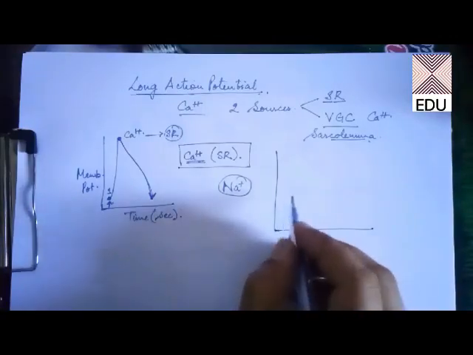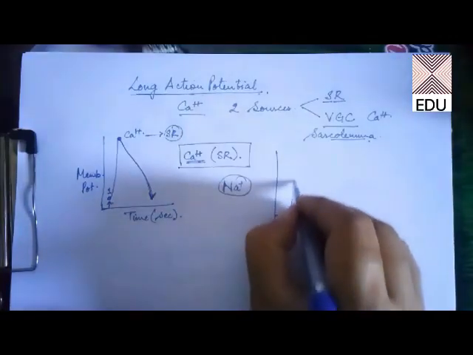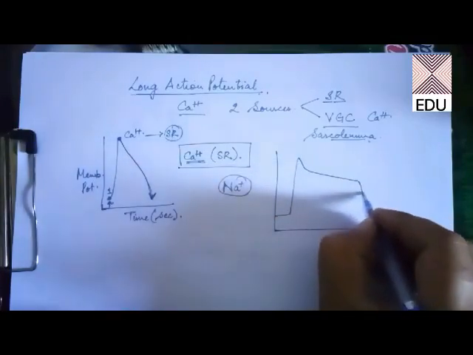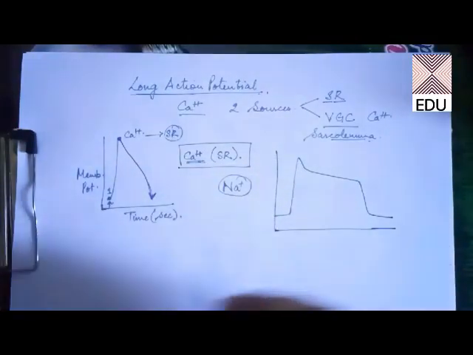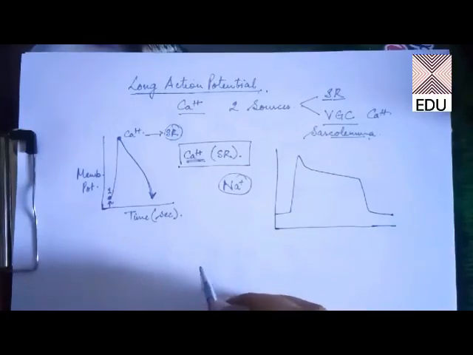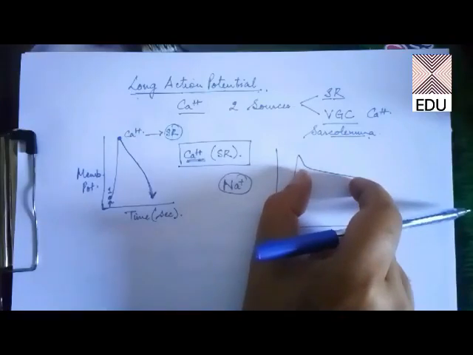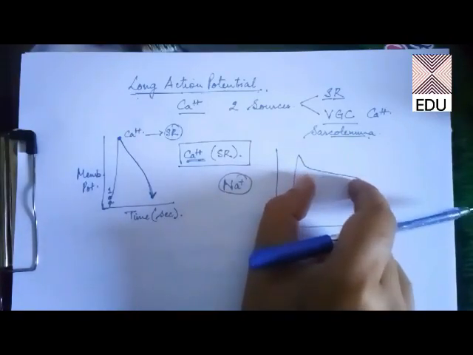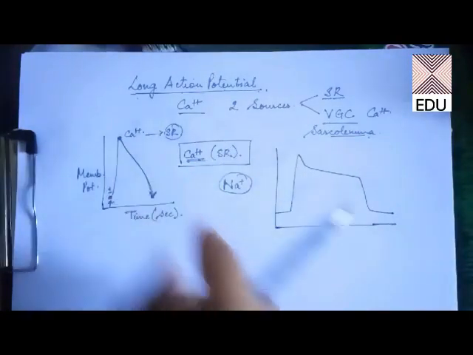Axes are the same. Why I'm saying long action potential is due to this part: the muscles can remain contracted for longer times as compared to a skeletal muscle.